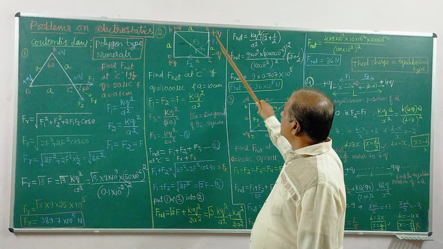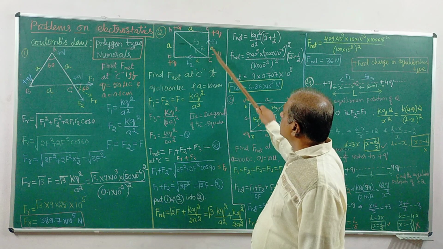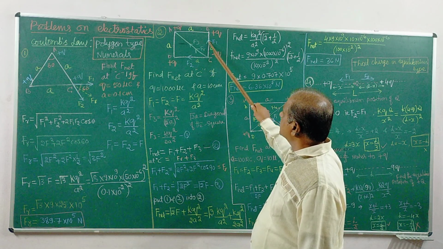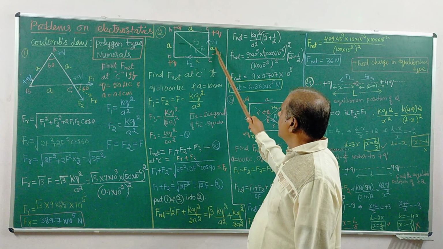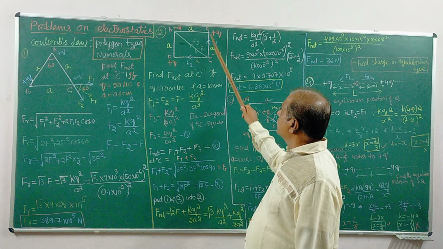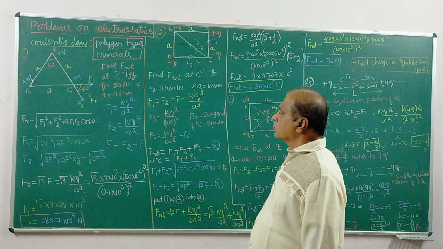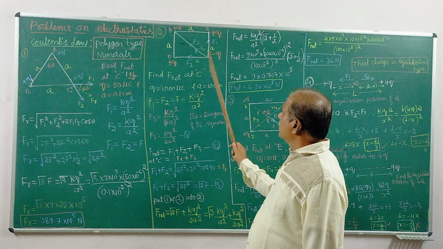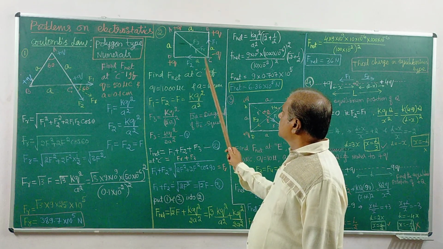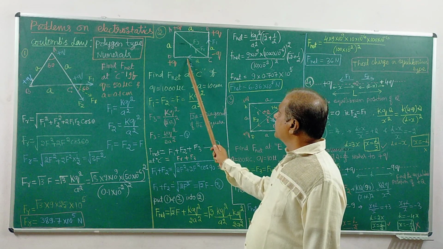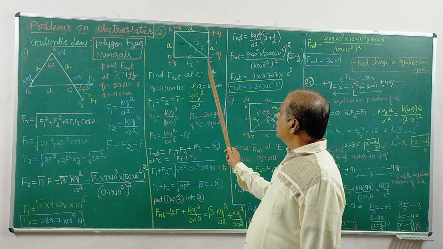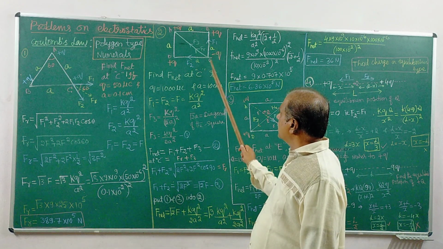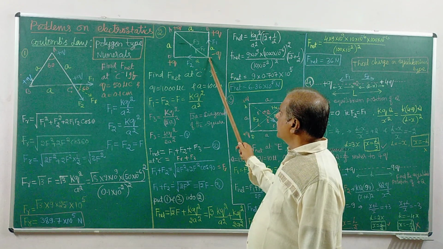Because plus and minus attract, it moves towards this. So this is the direction of the force. That is F1, the Coulombic force of attraction between this point and this point. Similarly, the Coulombic attraction between this point and this point, plus and minus, is along this line, and the force is F2.